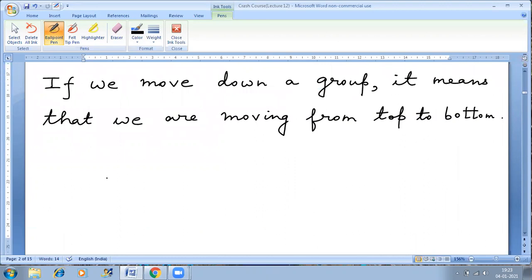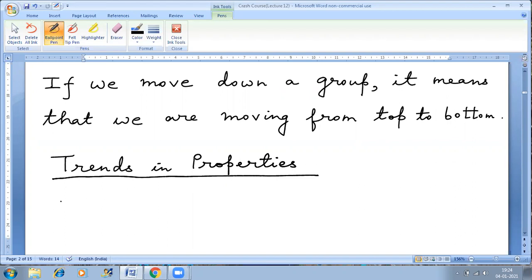Now let's understand certain terms. First one, size. Let's give a heading first.